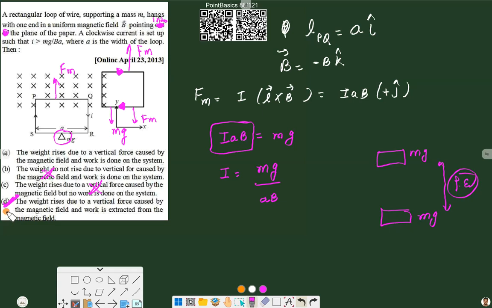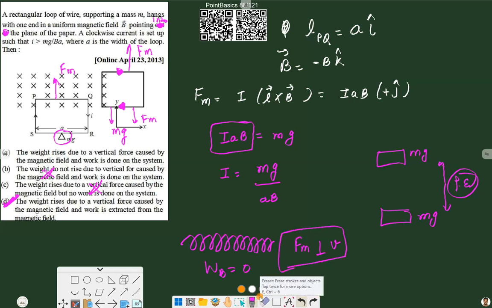And now some of you will remember that in some questions in circular motion, when some charged particle starts moving in circular motion, in that case we said that the magnetic field does not do any work. The work done by the magnetic field is always zero in circular motion, and that happens because in that case the magnetic force is always acting perpendicular to the velocity or the motion.